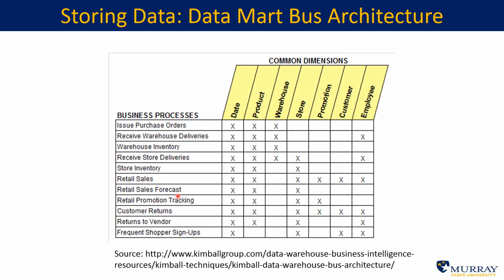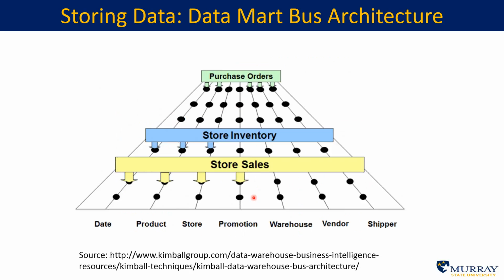Now, for a different process such as retail sales forecast, you're only using 3 dimensions: information about stores, about products, and also dates. Okay, so this is data mart bus architecture, and in a way, it's like a bus, right, where each process uses specific dimensions from that kind of line or bus.